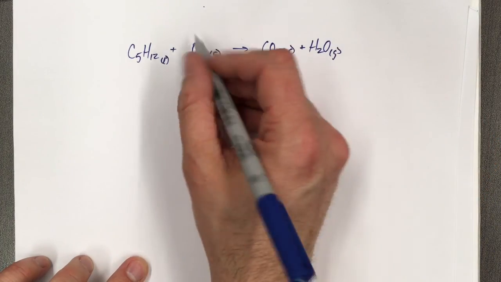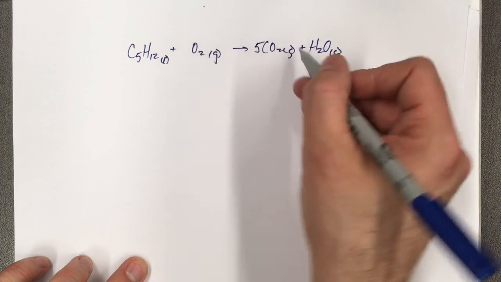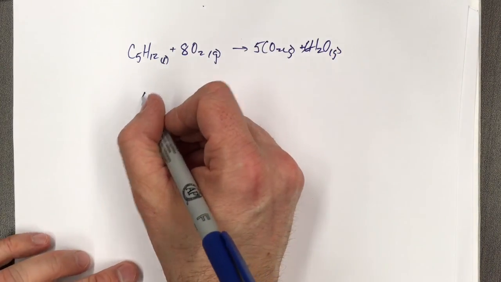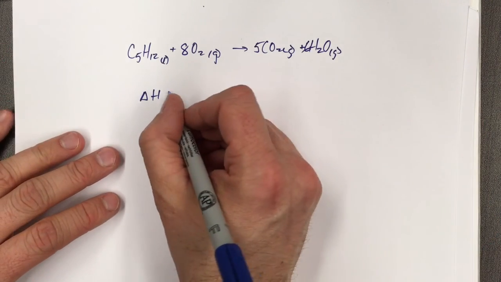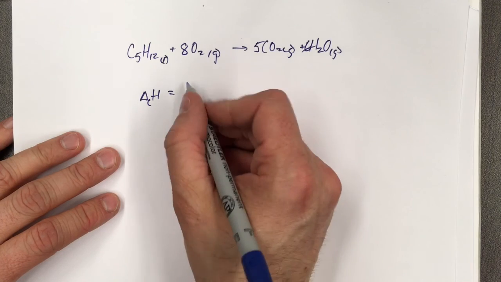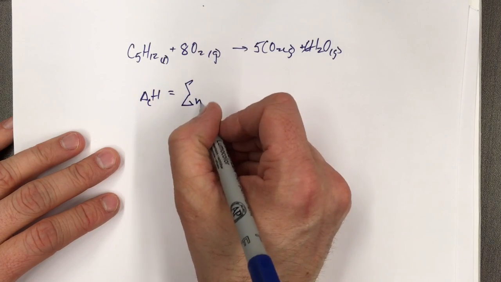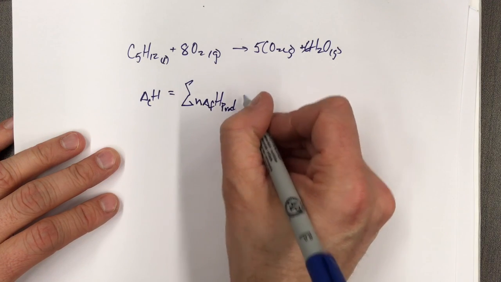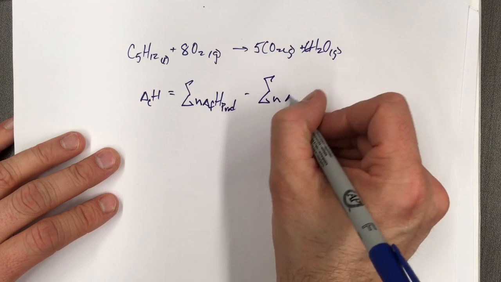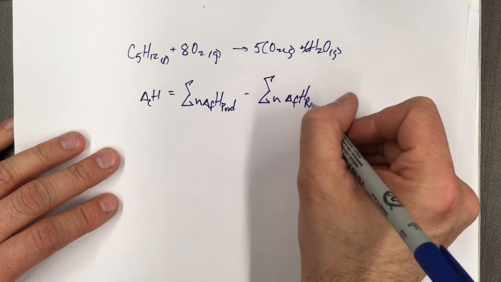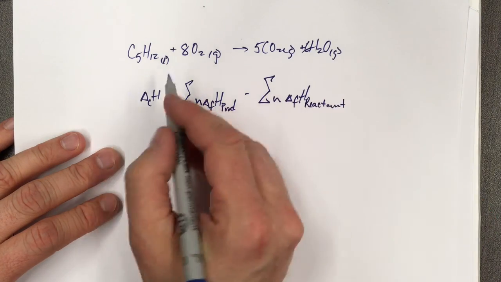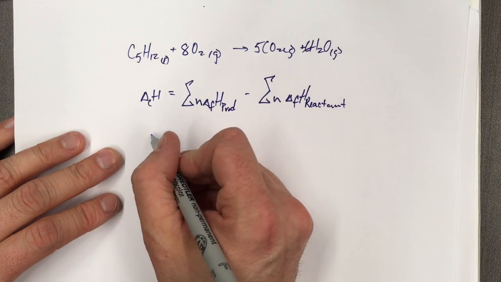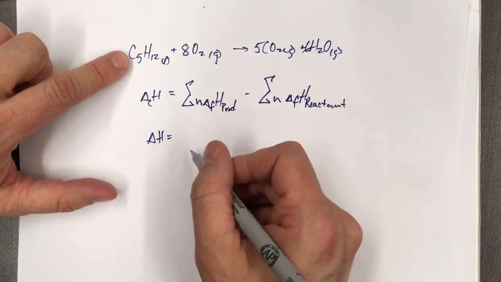Because I know the formation enthalpies of all these chemicals, and I can balance the reaction, I can find the enthalpy of this reaction, so this is a combustion reaction, by taking the sum of the number of moles times the formation of the products minus the sum of the number of moles times the formation enthalpy of the reactants, which, because it's the negative, this is decomposing. This is breaking the bonds to become elements. So my enthalpy is going to be the coefficients of these.